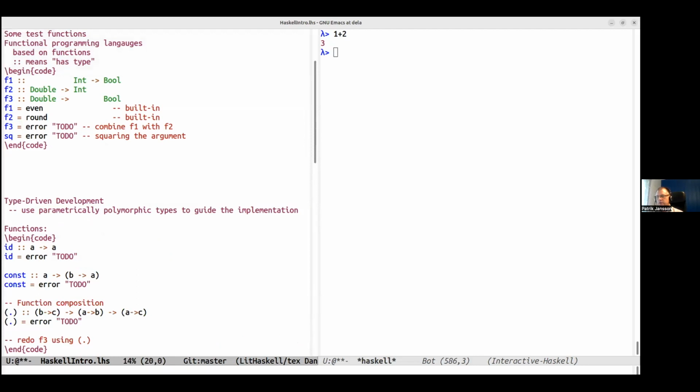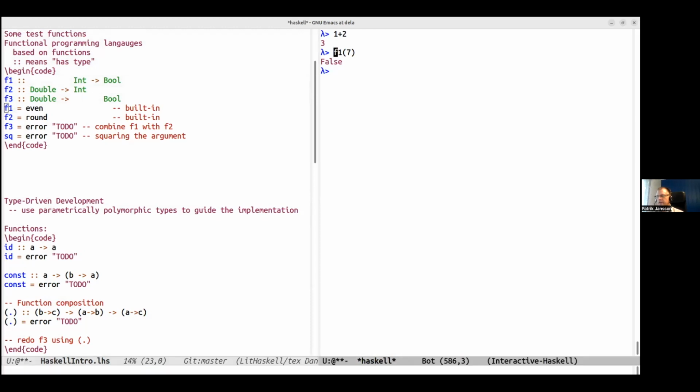Whoops, now I accidentally moved to the end of the whole file. I'm back here, F1. Okay, now I'm on the right-hand side and seeing F1 applied to 7. And that says false. Why? Well, because I defined F1 to be the predicate even. It's a built-in function in the Haskell prelude. It checks if an integer is even or odd.